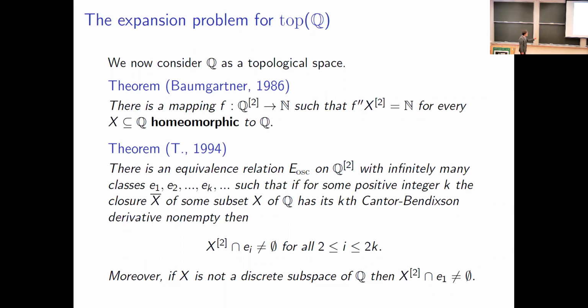The mapping has this property that it takes all colors, not just on a copy of the rationals. It could take all colors on a discrete set. What is important is when you take its closure: if its closure is large, then you're going to get the colors. That's one of the reasons why I believe there might be a classification here, because when you start playing with this, the higher dimensional Ramsey theorem is telling you that this seems to be the best.